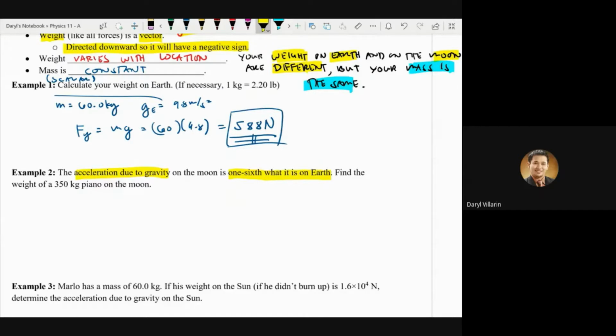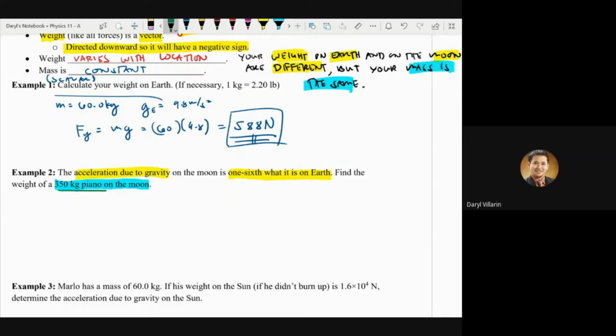Find the weight of a 350 kilogram piano on the moon. Again, in this case, be careful with this one, mass. The mass of the piano is given.